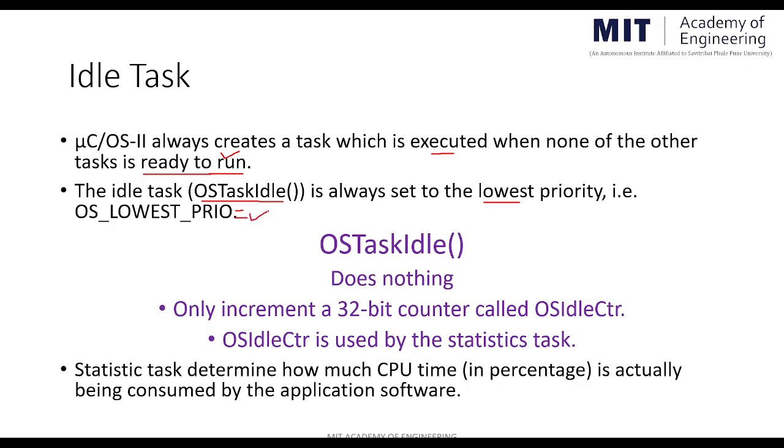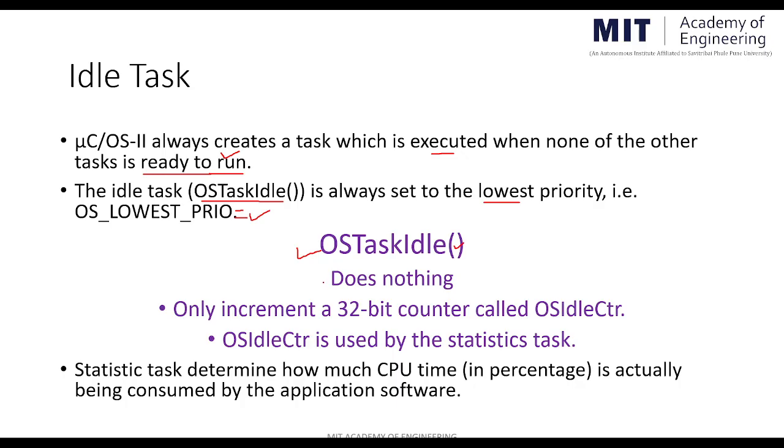So this variable will help us to scale down our applications or the TCBs or the tasks using the OS lowest priority variable. Then OS task idle, which is the name of the function for the idle task, and this indicates no arguments are required for this idle task.